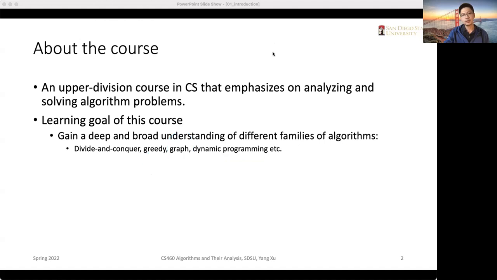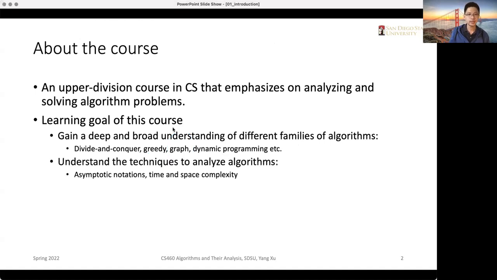All right, next, the second goal is that we're going to know the technique to describe and analyze the performance of algorithms, which is the asymptotic notation. Sometimes it goes by the big O notation, big theta, and big omega notations.